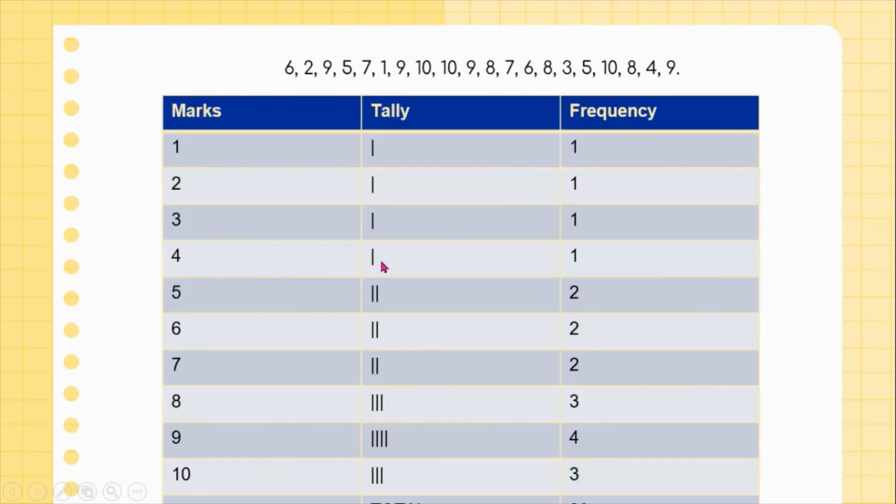So here it is. We have how many 6? 1, 2. We have 2. For the number 7, we have 2. For 9, we have 1, 2, 3, 4. So we have here 4. For 5, we have 1 and 2. So that's 2.